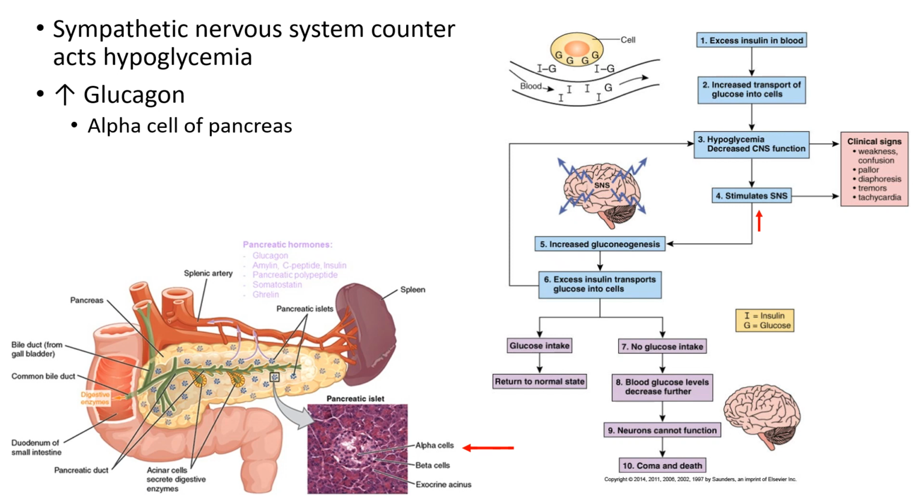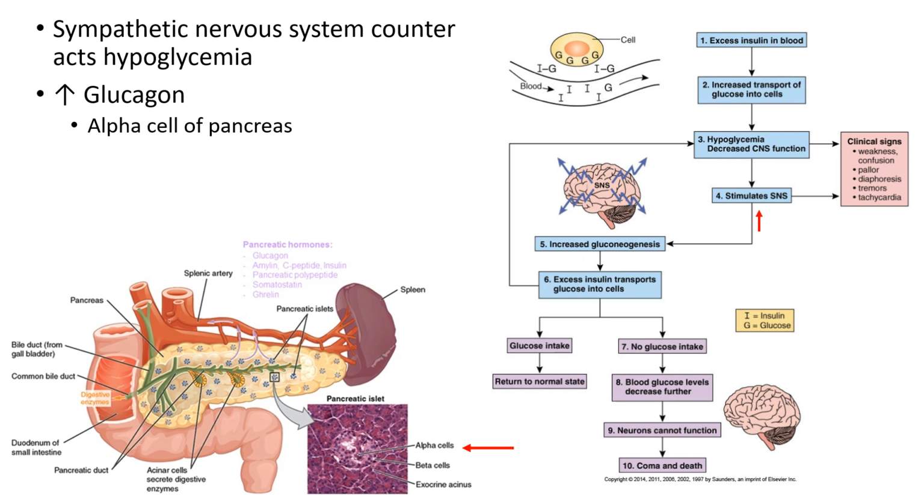What immediately happens when you have a hypoglycemic state is the sympathetic nervous system has to counteract the hypoglycemia. And what it will do is immediately produce glucagon from the alpha cells of the pancreas.